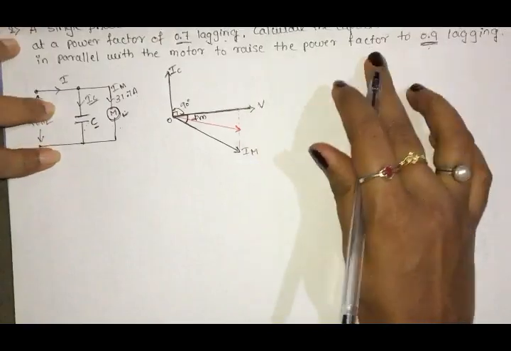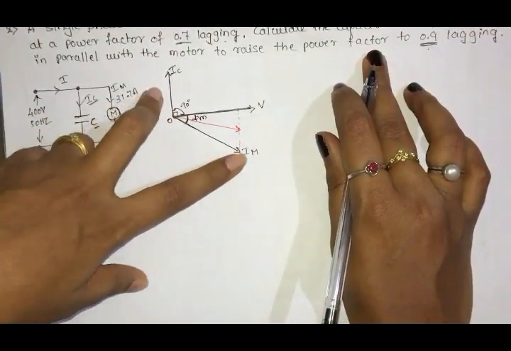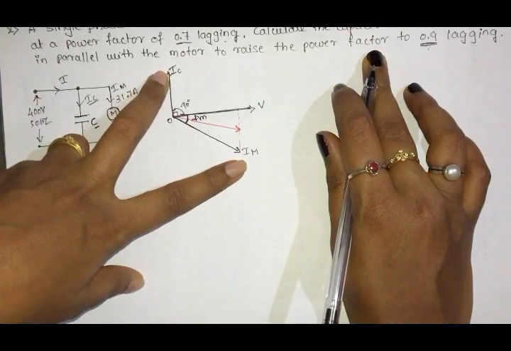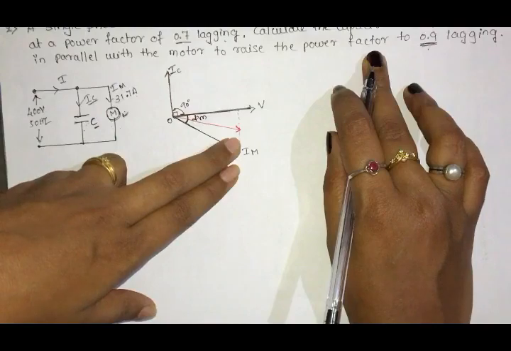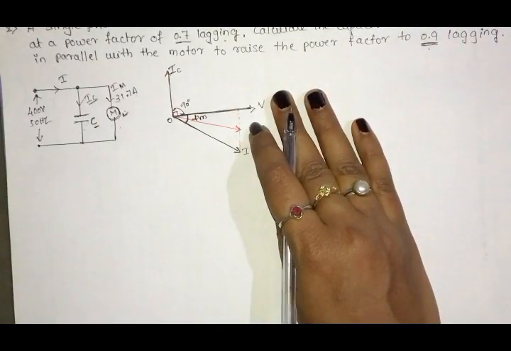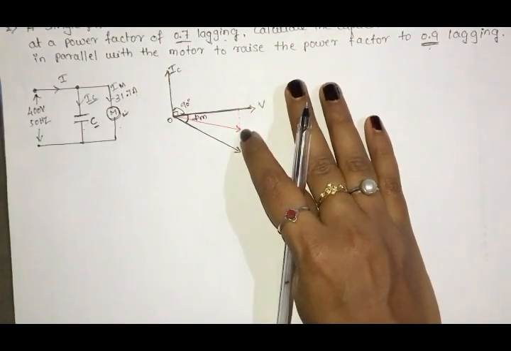Next, to improve the power factor, neutralizing this motor current and capacitive current, we get a resultant current. Completely we can't neutralize the current, but some part of the reactive component we can reduce, we can improve the power factor.